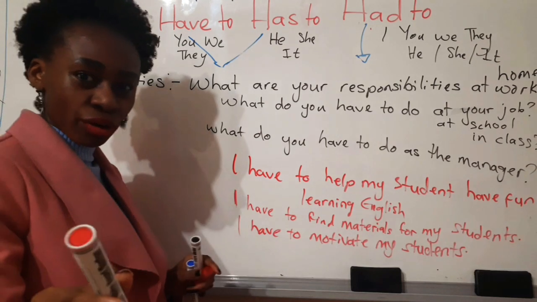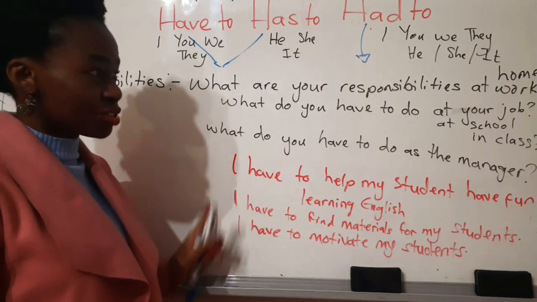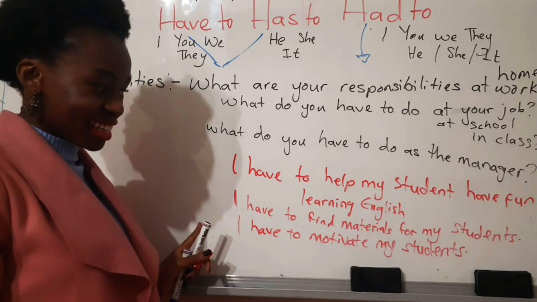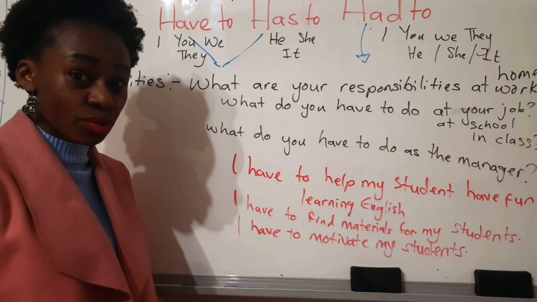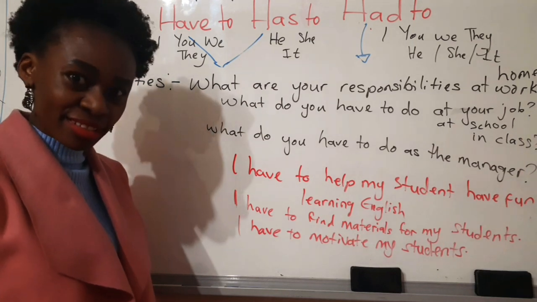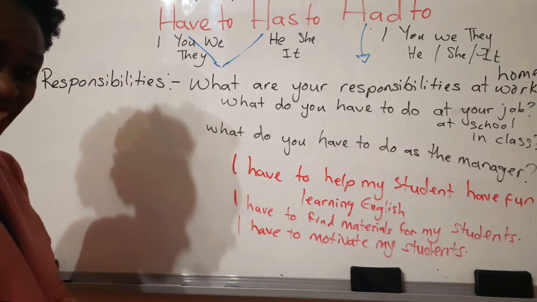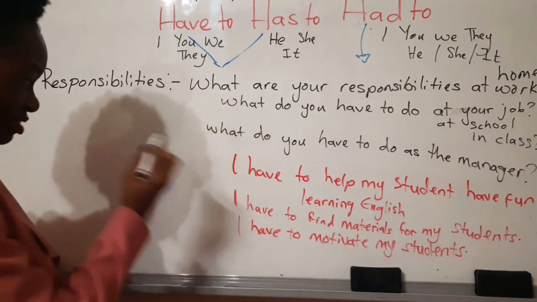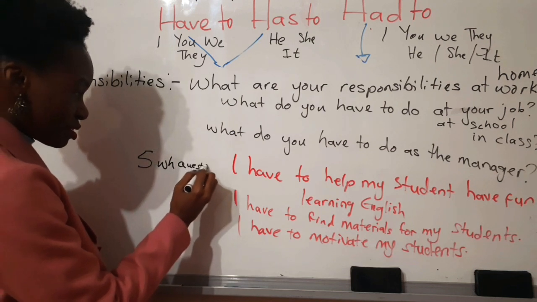So at your work, at your school, in your notebook, write down what you have to do. And to make this a lot more useful, try to add details. How do we add details? We use the 5WH questions.